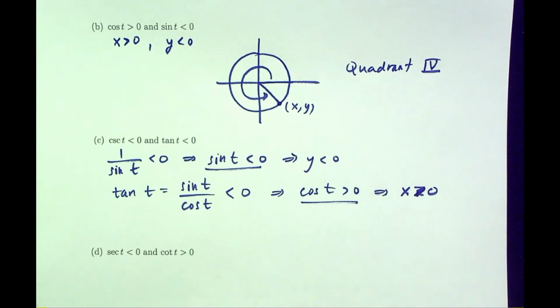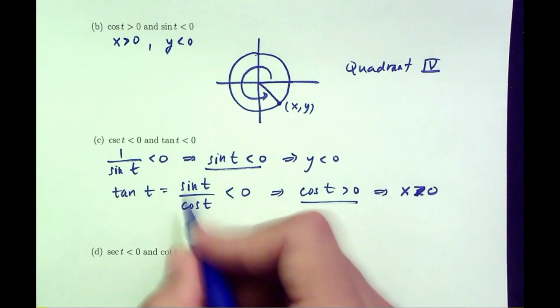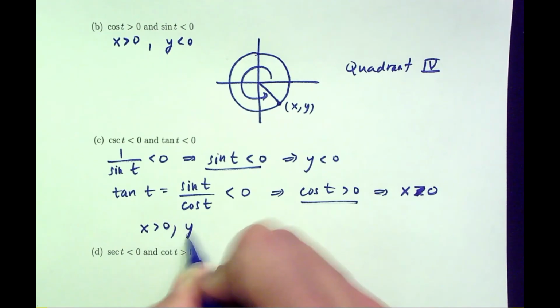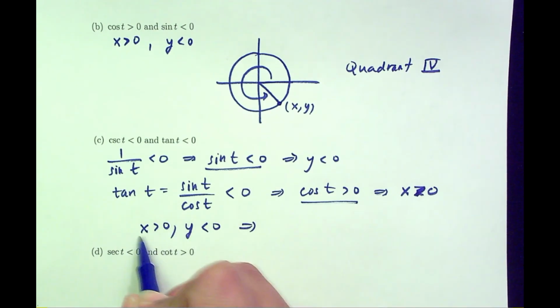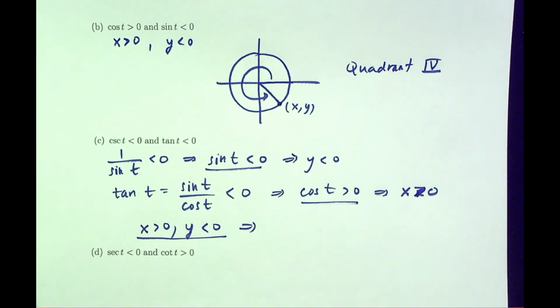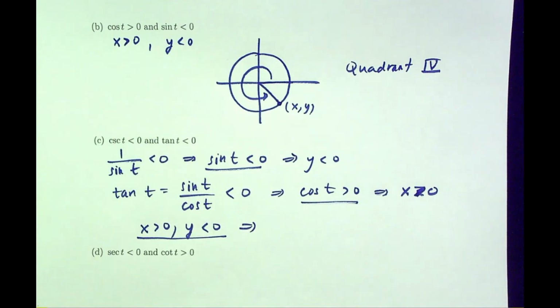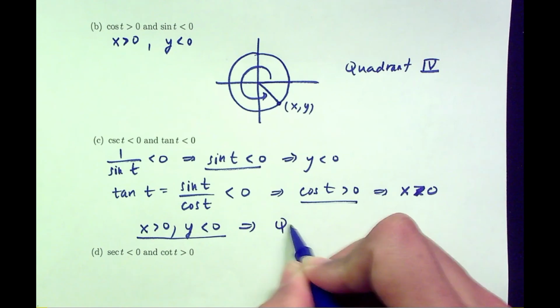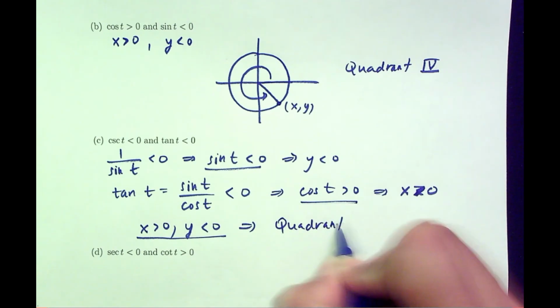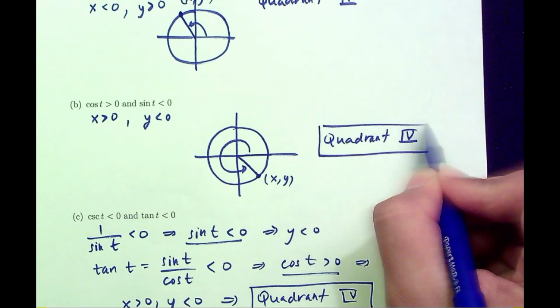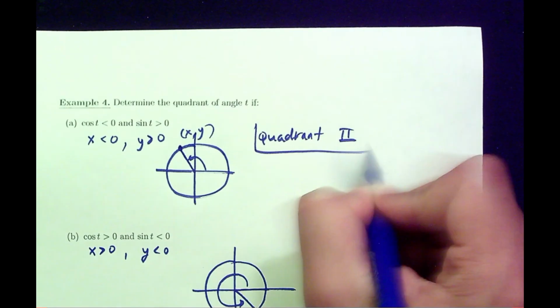So if x is positive and y is negative, what quadrant are we in? Same as the first example. Quadrant 4. Here we're in quadrant 4 again.